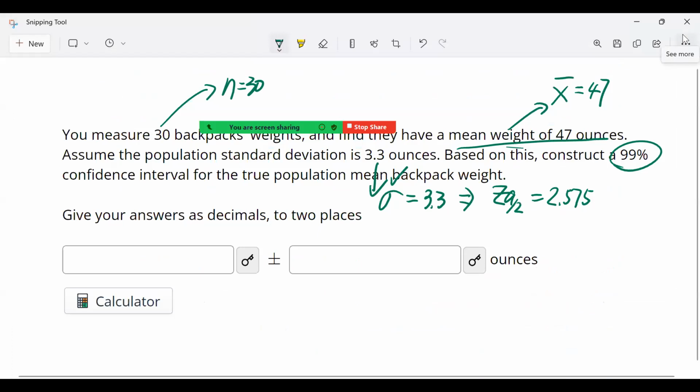Once you know these three pieces of information, you find the margin of error: critical z-score times population standard deviation over square root of sample size.